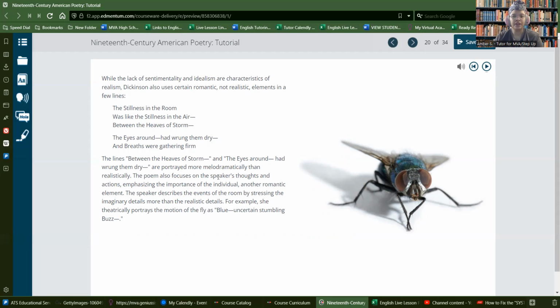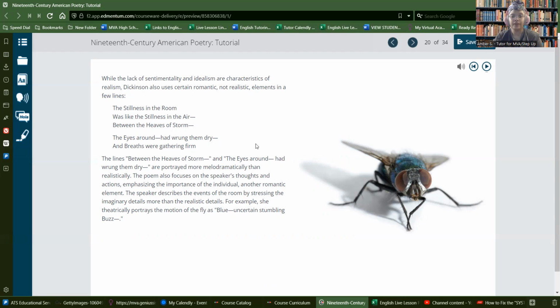So she, in that way, is using a little bit of unrealistic writing, kind of imagery, to paint a picture of how dramatic her real reaction actually feels. The poem also focuses on the speaker's thoughts and actions, which is a characteristic of the Romantic era.